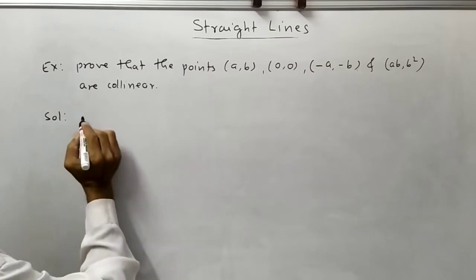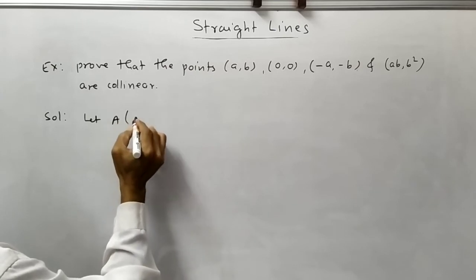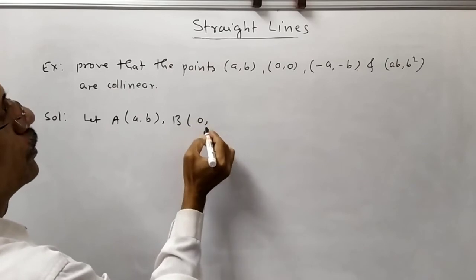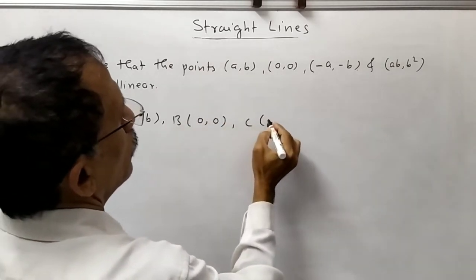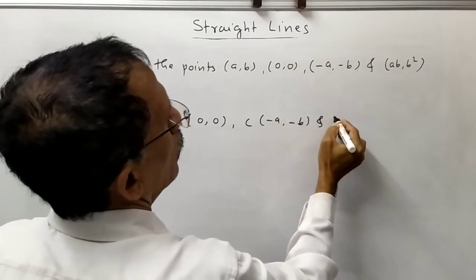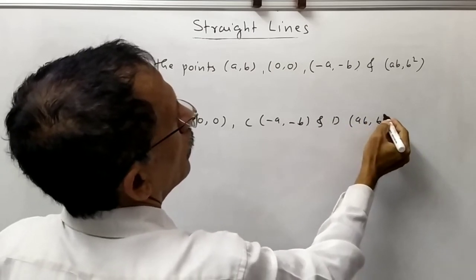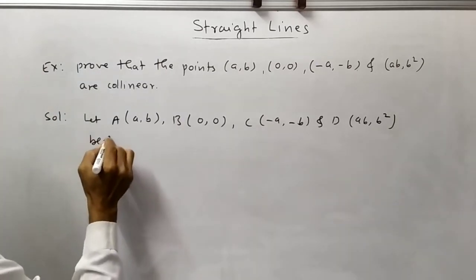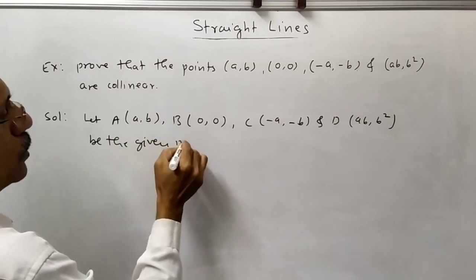Solution: let A with coordinates (a, b), B with coordinates (0, 0), C with coordinates (minus a, minus b) and D with coordinates (a squared, b squared) be the given points.